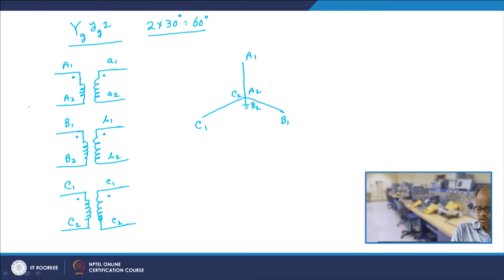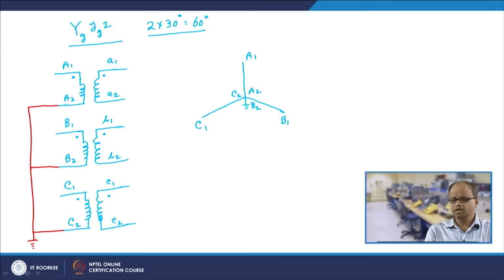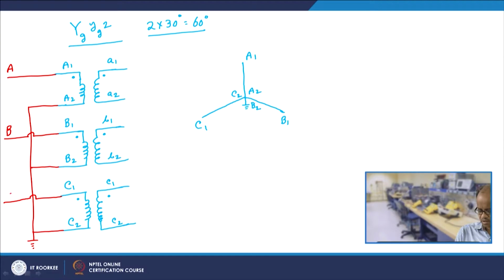We are simply connecting these 3 terminals together and grounding, and then we say that this is my phase A, this is my phase B, this is my phase capital C. So, our connection at the primary side is over.